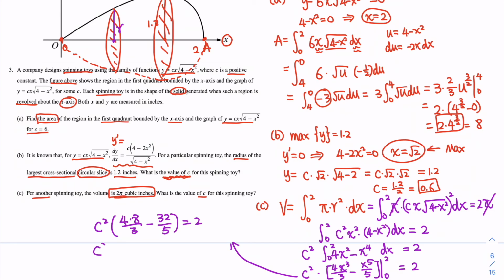So c squared equals 2 divided by 32 over 3 minus 32 over 5. So c equals the square root of this value. You don't have to simplify it. If you want to simplify it, the answer will be square root of 15 over 32.